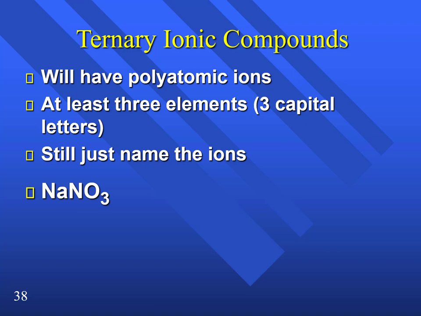So, NaNO3. Na is a metal. It's in group 1A. It doesn't need Roman numerals. I can write sodium. NO3, polyatomic ion, called nitrate.